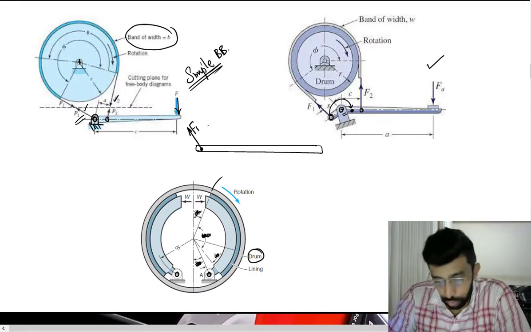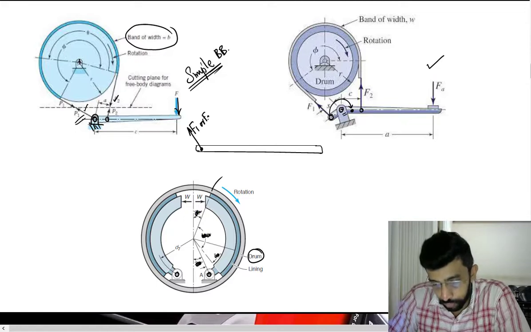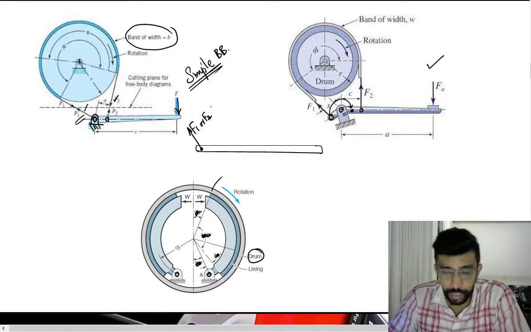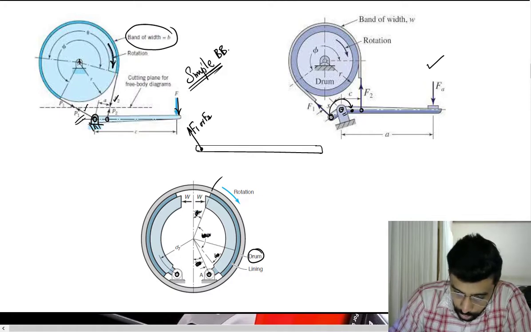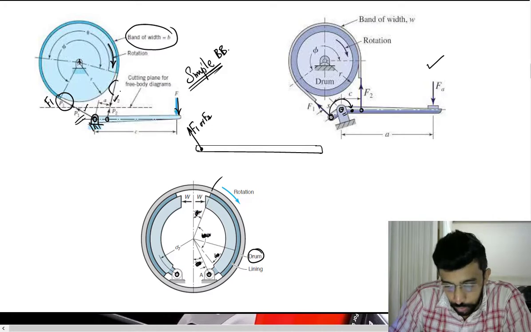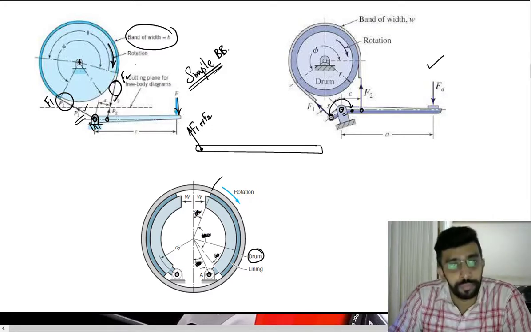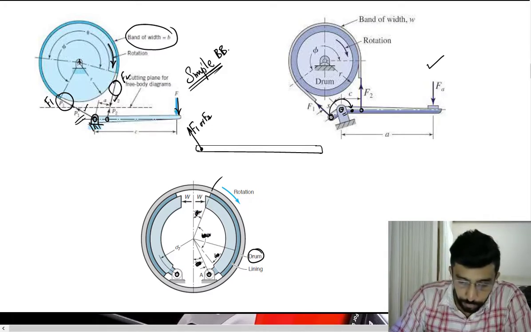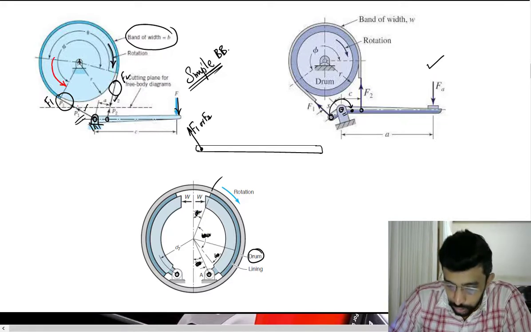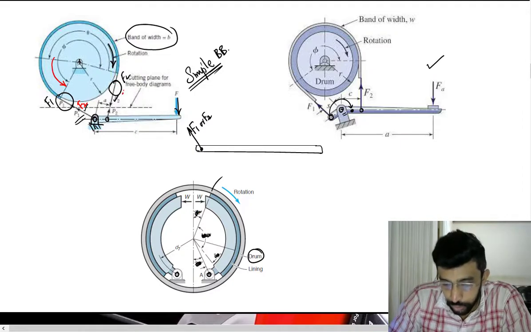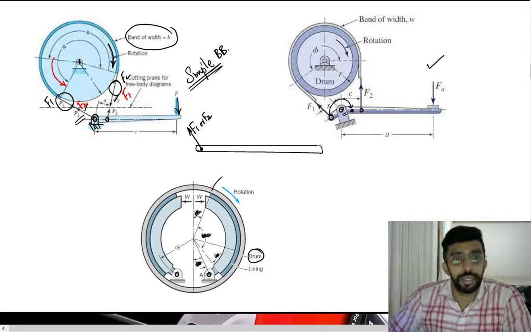When you take the case of tension, it can be F1 or F2, purely based upon the direction of rotation. For example, if it has a clockwise rotation, this is going to be the tight side and this is going to be F2. And if it is going to rotate in the anti-clockwise direction, then this is going to be the slack side and this is going to be the tight side. That is the only difference.